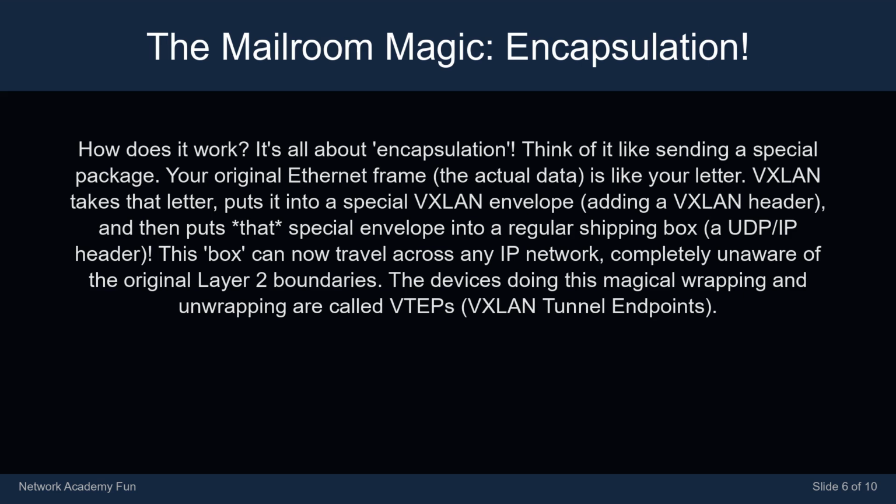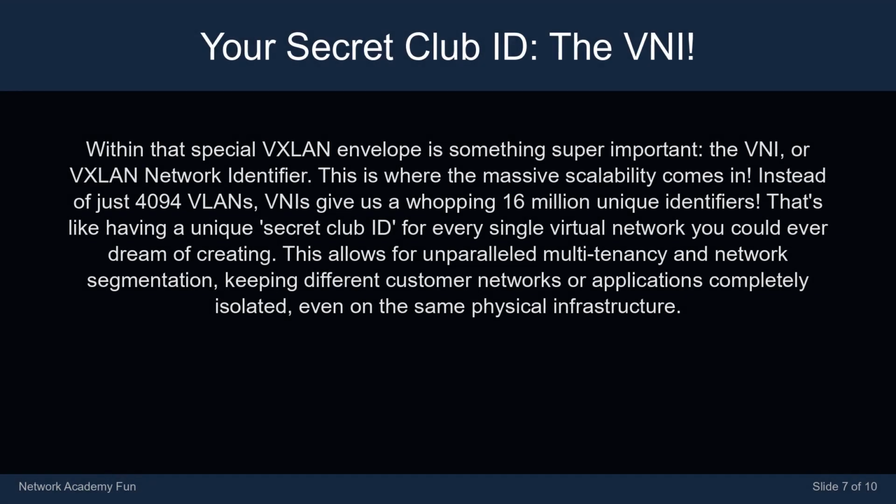VXLAN tunnel endpoints. Within that special VXLAN envelope is something super important: the VNI, or VXLAN Network Identifier. This is where the massive scalability comes in. Instead of just 4,094 VLANs, VNIs give us a whopping 16 million unique identifiers.